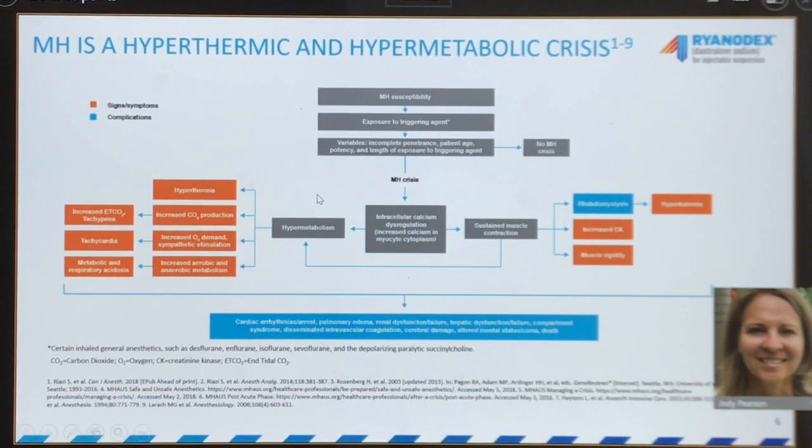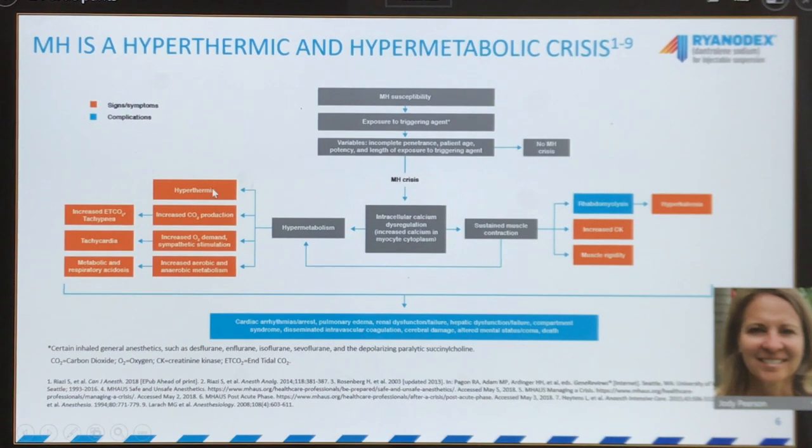On the other side of this diagram is the hypermetabolism. So what you're going to see, let's just say in your critical care area with the post-op patient, or even potentially that patient that has a respiratory event, decompensates, and you have to intubate the patient with succinylcholine, you can see these different signs and symptoms could occur.